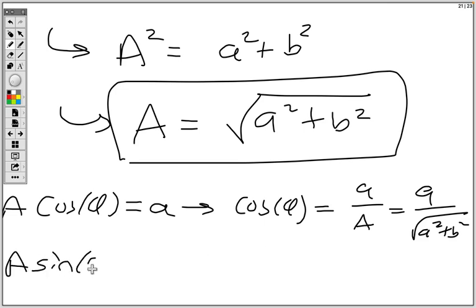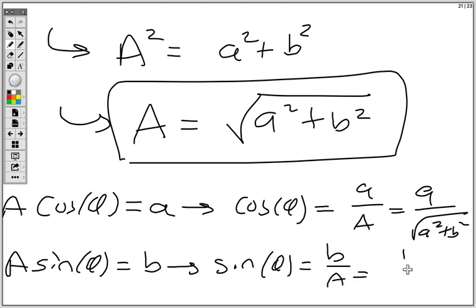Capital A sine of phi is little b, so sine of phi is little b over A. That's b over the square root of a squared plus b squared. Okay. So that's where these formulas come from.